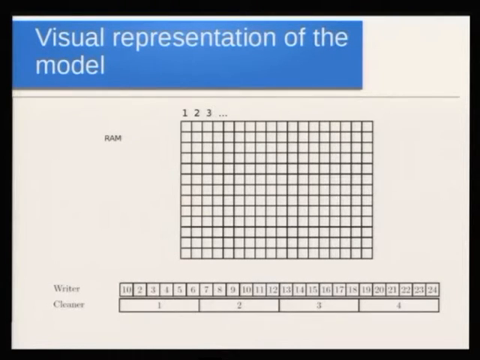So, a visual representation of the model. On the top, squares represent memory, and you start counting from 1, 2, and so on. Then here you have writer, the sequence of pages that the CPU is writing to, and cleaner, the pages which the migration stream is sending to the destination.